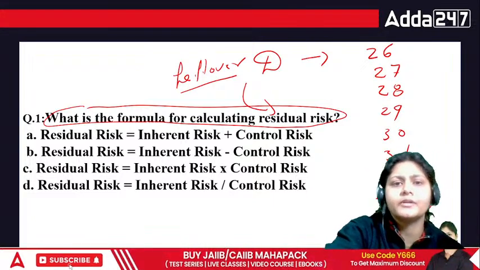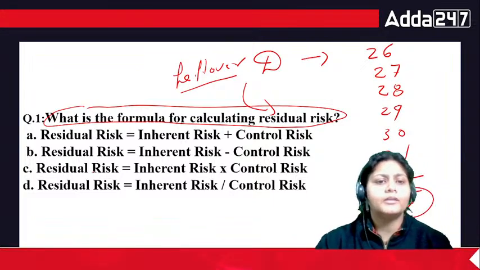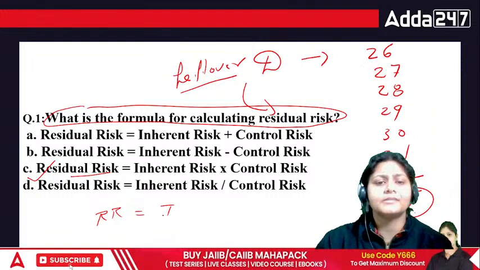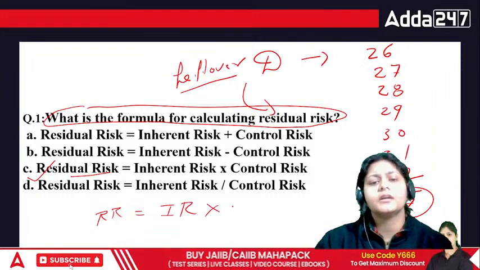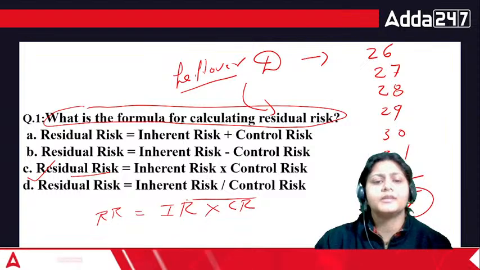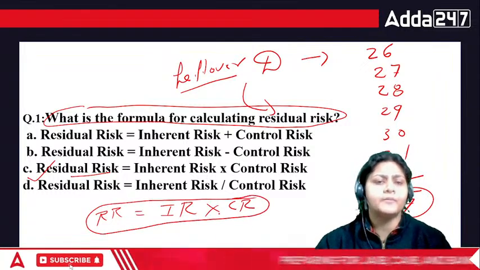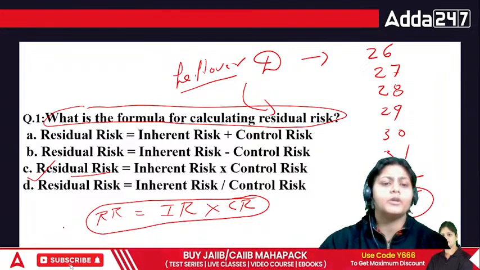So among all these options, option number 3 is the correct one. That means residual risk is always equal to the inherent risk into the control risk. So this is the formula. Normally numericals won't come from this part, but yes, please remember the formula at least.